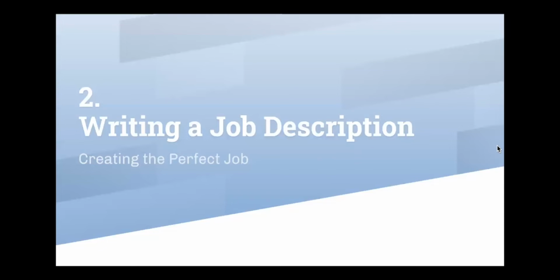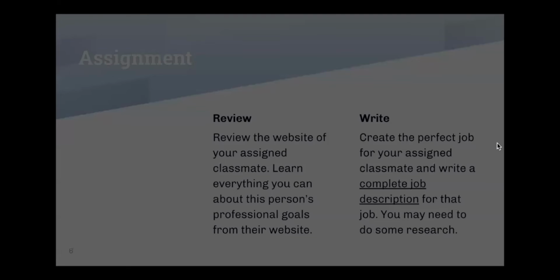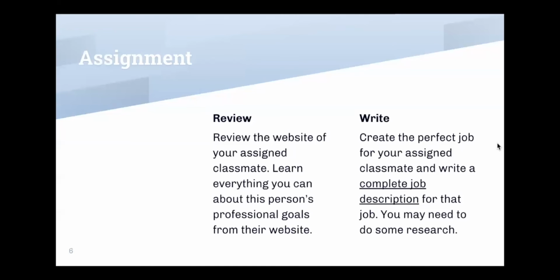The other thing that you'll be working on this week is writing a job description. So you're putting yourself in the role of management, a supervisory type of role, administrative type of role, whatever kind of works for you. And your assignment is to review the website of your assigned classmate. By the time you see this video, you should have already received the email with your assigned classmate.